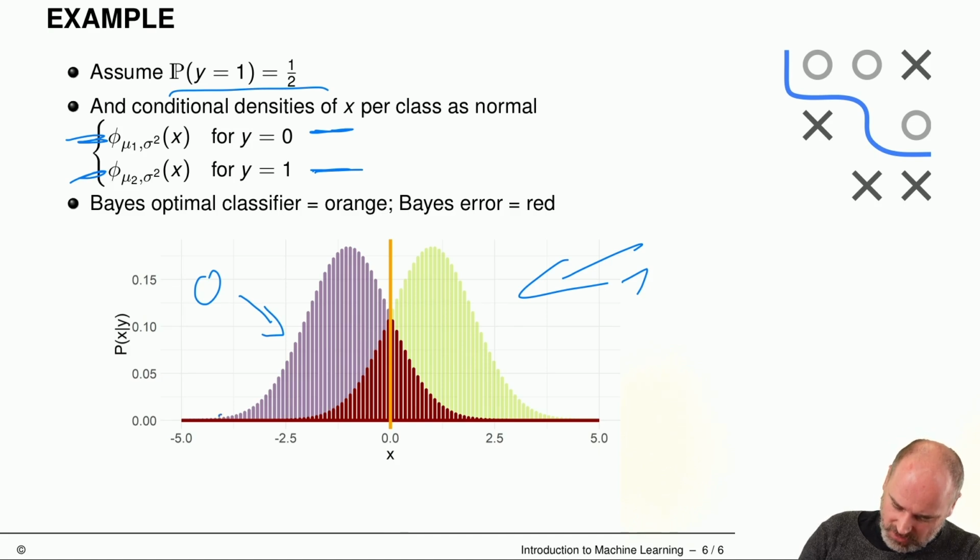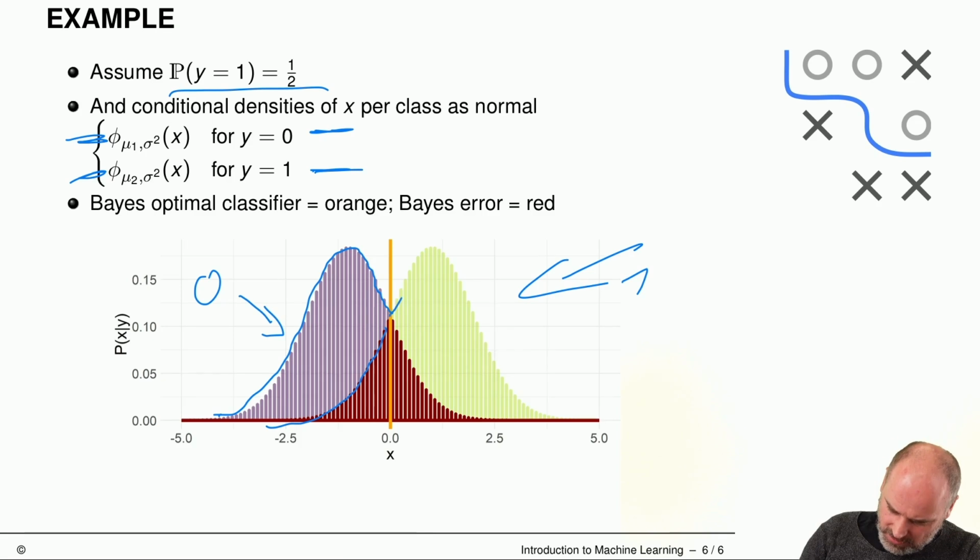So the only thing I have to do is figure out whether my density of class 0, which is this purplish thing here, is larger than the density of the other class. On the left-hand side of this orange threshold, that's exactly the case, so here I would say class 0.